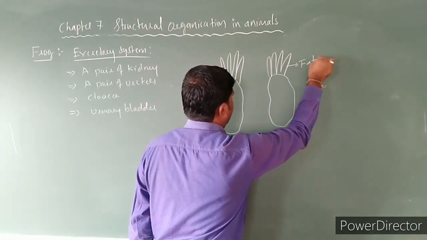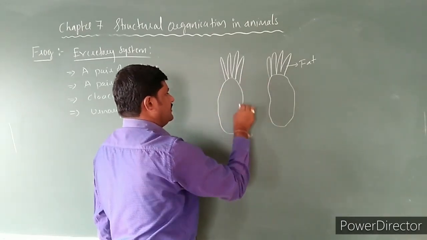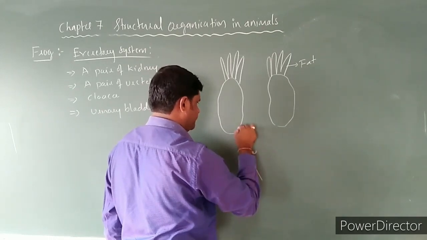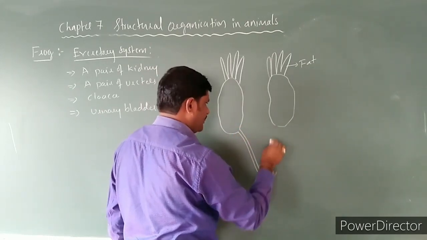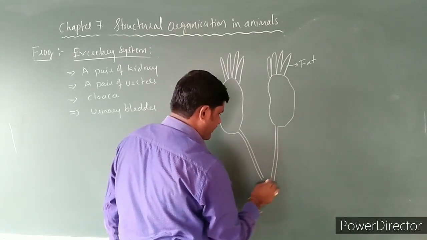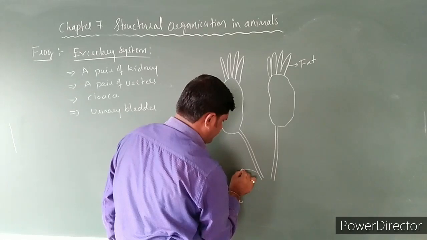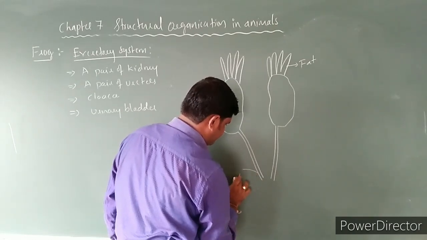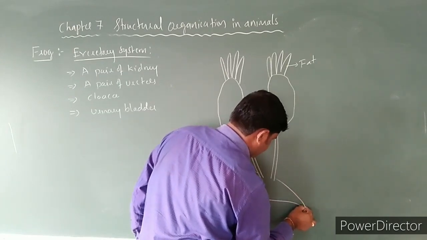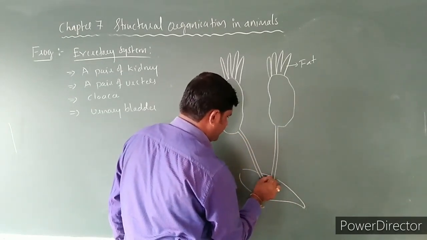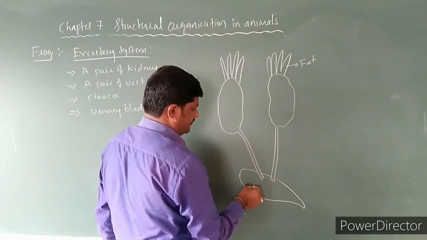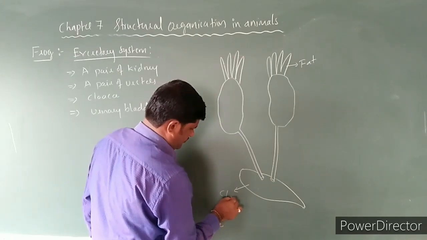This is the fat material. And these kidneys have a pair of ureters, which are thin tubular structures that open into a specialized structure called cloaca.